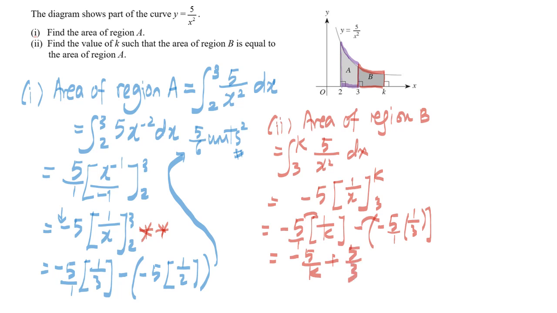Alright, so this area is equal to the area of the region A, which we found early on to be 5 over 6. So we can bring the positive 5 over 3 over, that means you take away 5 over 3 on both sides. So it becomes 5 over 6 minus 5 over 3 on the right hand side. And if you use the calculator to help you work it out.